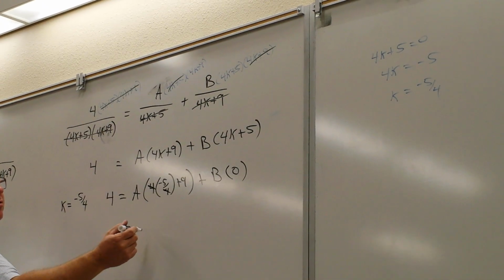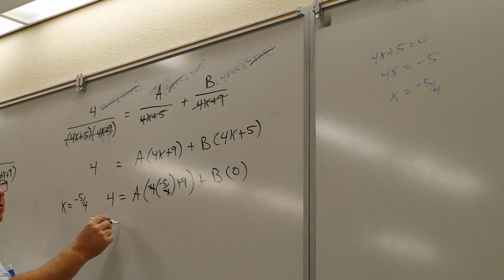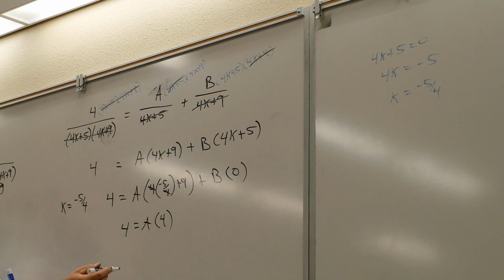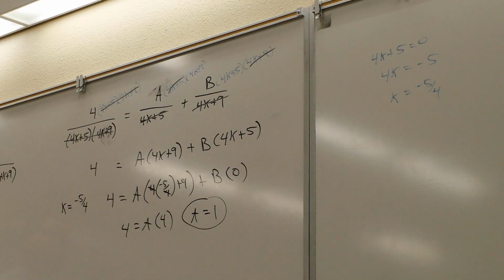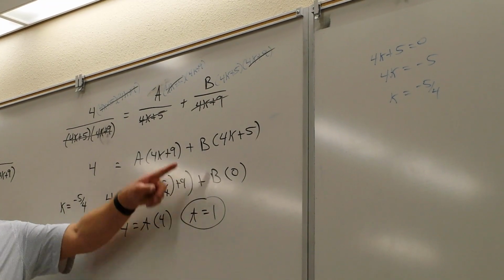Now here, the 4s divide out, and we have negative 5 plus 9 is 4. Divide by 4, and A is gonna equal 1. You guys all right with that? So we're gonna be putting 1 here.